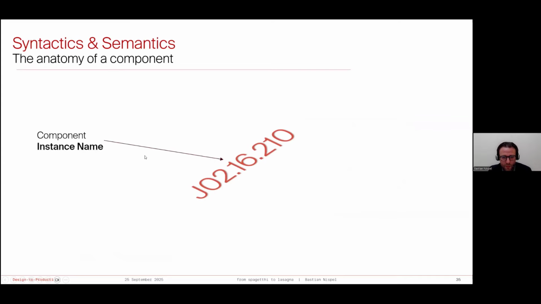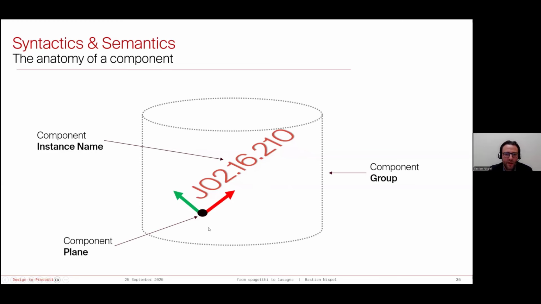This might be a bit clearer in a second as well when we start Rhino. So the basic setup for a component in Rhino is that we need an instance name, which in the end is represented by a text label and a plane. So this is the information. And this whole thing is inside a group.